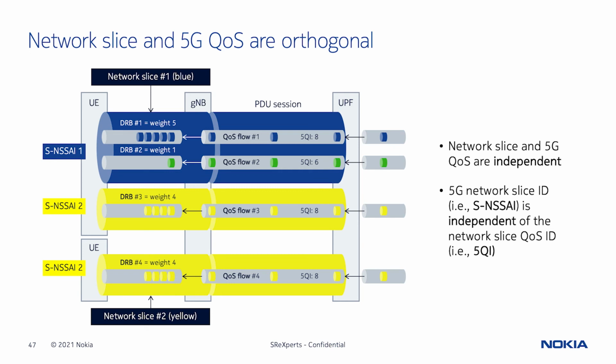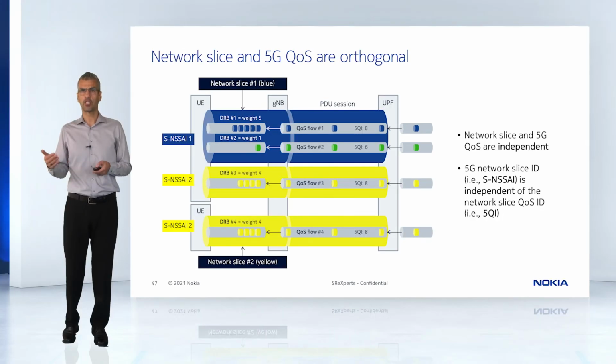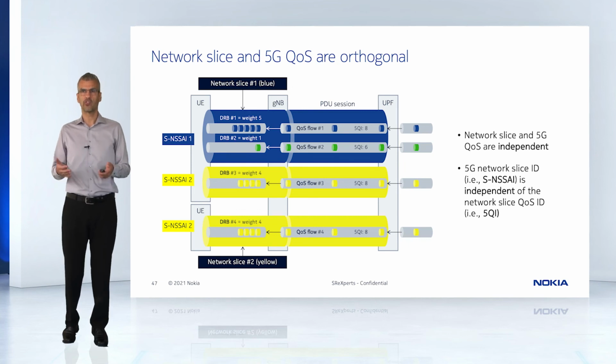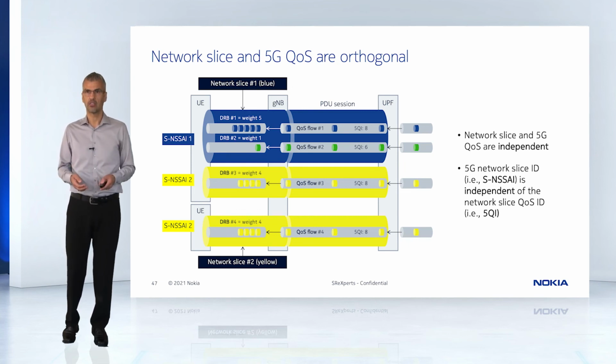From that aspect, network slicing and QoS are independent. We can create a network slice, and we can use that one for various QoS flows. And basically, the idea of network slicing and QoS in this case shows how independent they are.